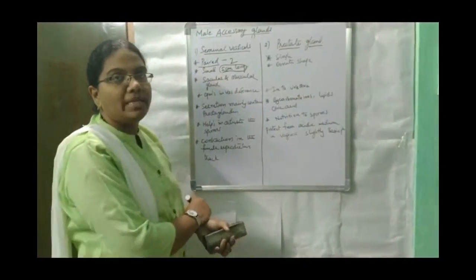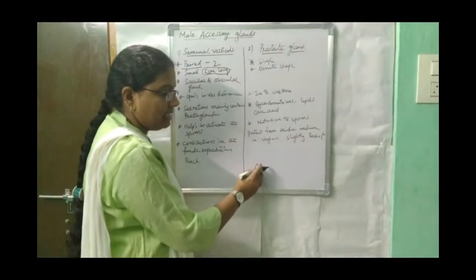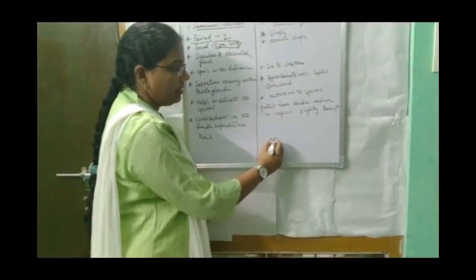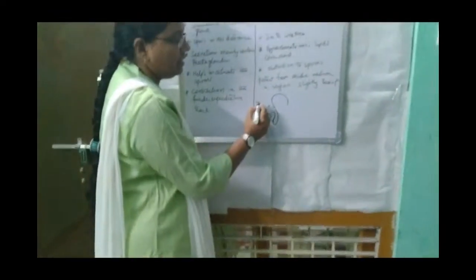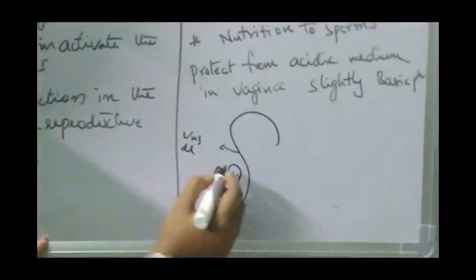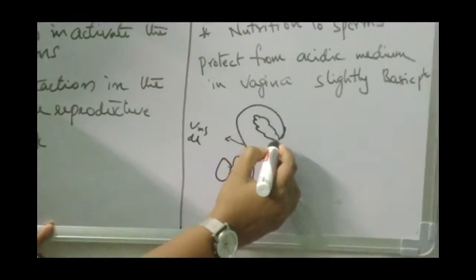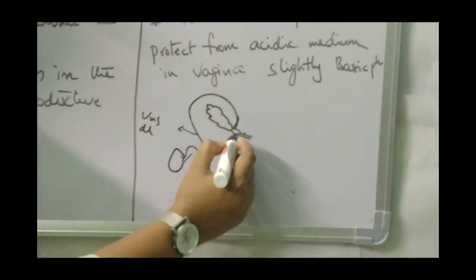These glands open to the vas deferentia. For example, this is testis, epididymis. The epididymis connects to the vas deferentia. This is the seminal vesicle, ampulla and ejaculatory duct.